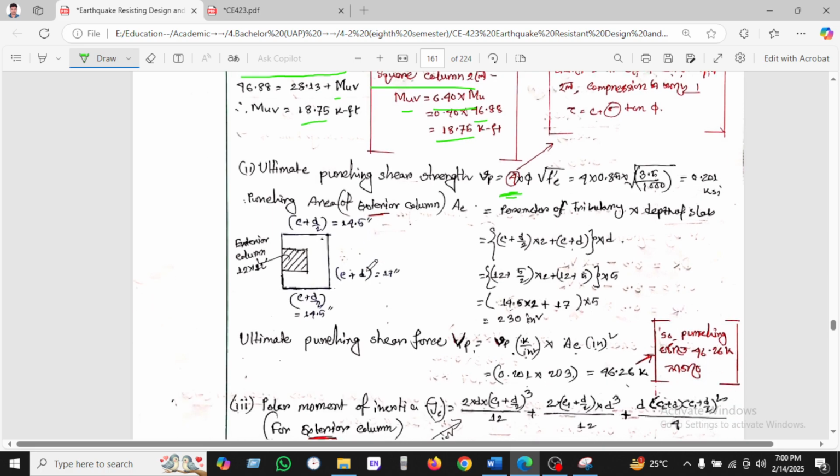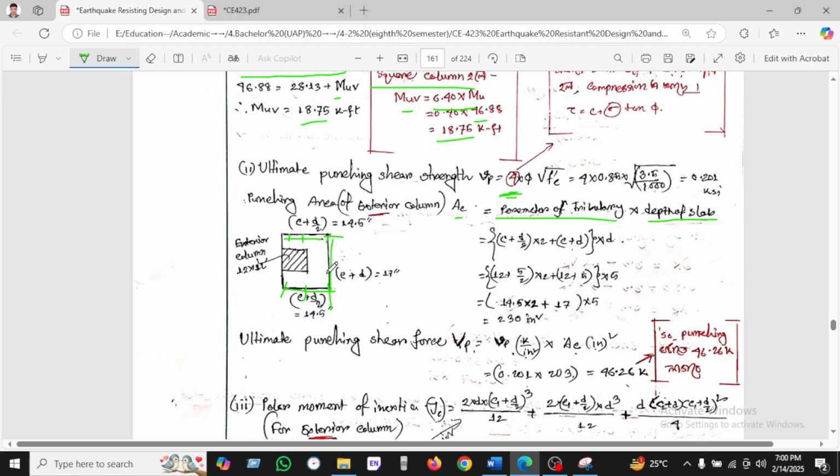The punching area for exterior, as we know, S equal to perimeter of tributary area and depth of the slab. So perimeter of area, this is the C, and this is the D divided by 2. This is the C and this is the D divided by 2.